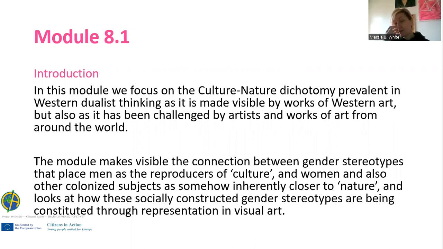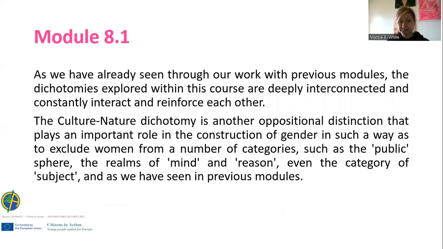This module makes visible, as we did before with the previous modules, the connection between gender stereotypes that place men as the reproducers of culture and women and also other colonized subjects as somehow inherently closer to nature, and looks at how these socially constructed gender stereotypes are being constituted through representation in visual arts.